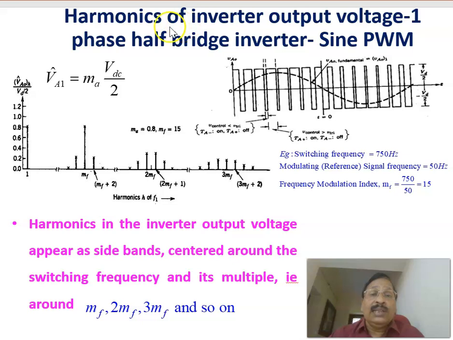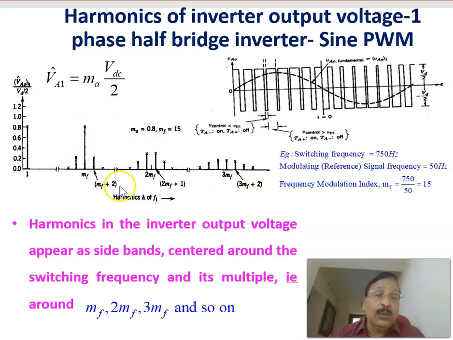Continuing the harmonics of the inverter output voltage, single phase half bridge inverter, already we have seen this is the harmonic spectrum, and the fundamental, all these harmonics are centered at MF, 2MF, 3MF, where MF is called the frequency modulation index. The harmonics in the inverter output voltage appear as sidebands centered around MF, 2MF, 3MF.